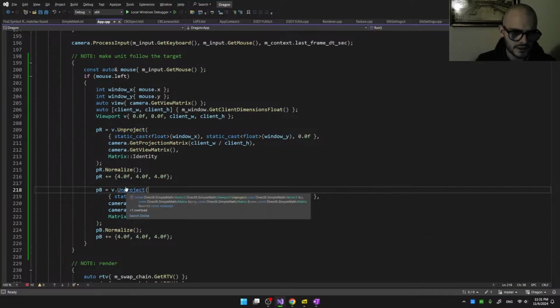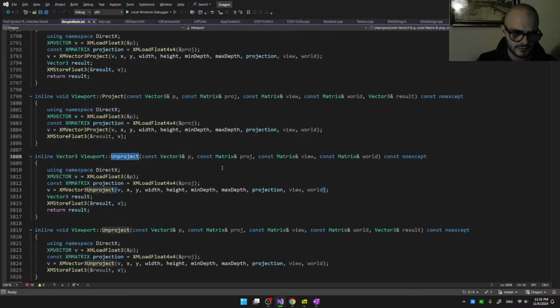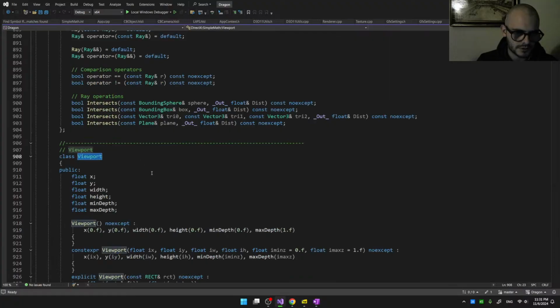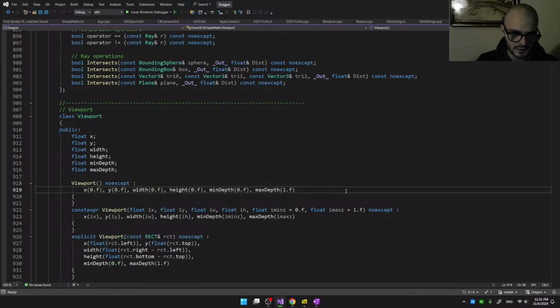What is happening? Of course, the viewport. Min depth is 0, max depth is 1.